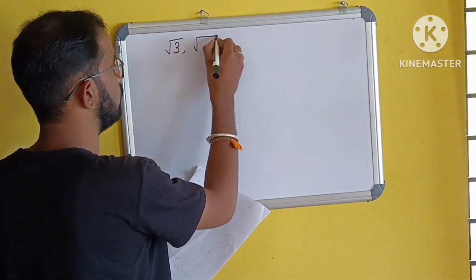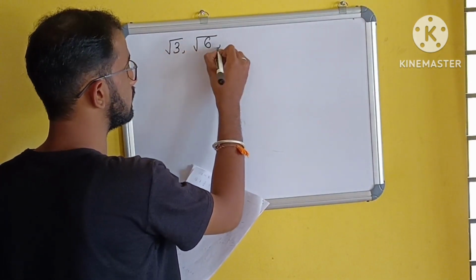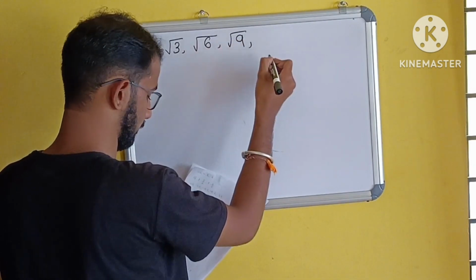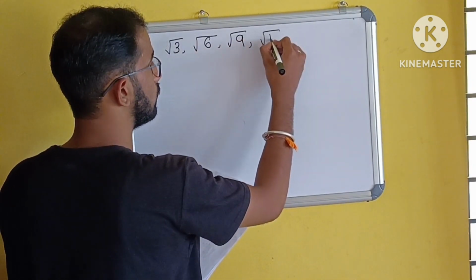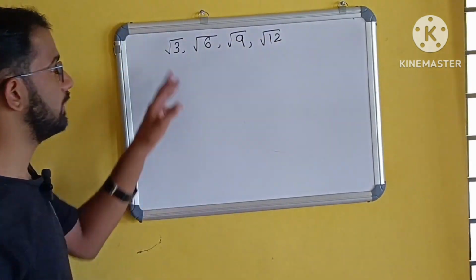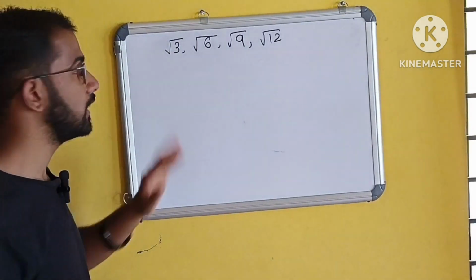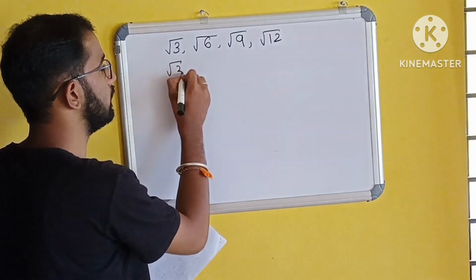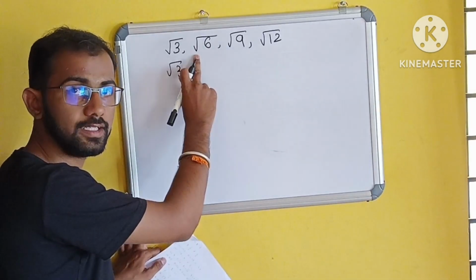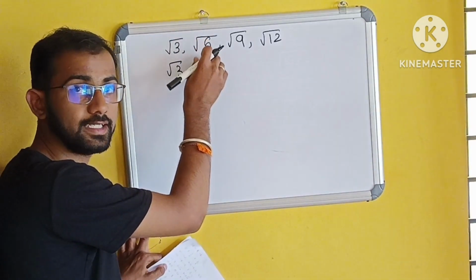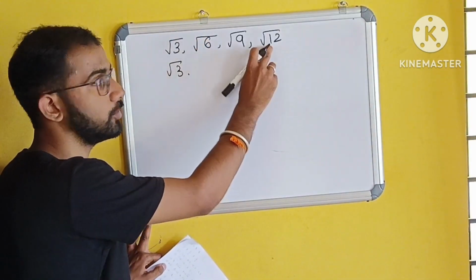Root 3, root 6, root 9, root 12. First term is root 3. Here you are seeing terms are present in the root form.